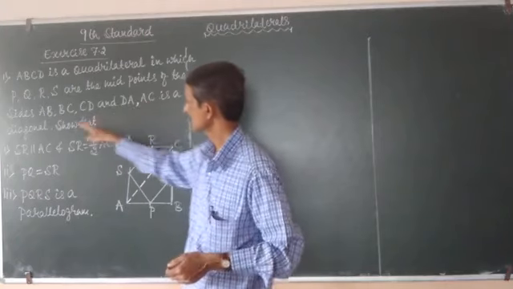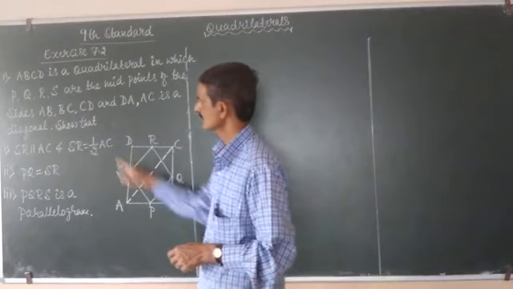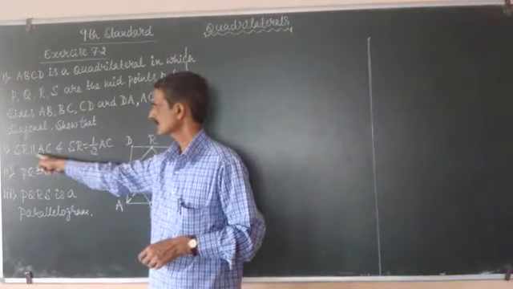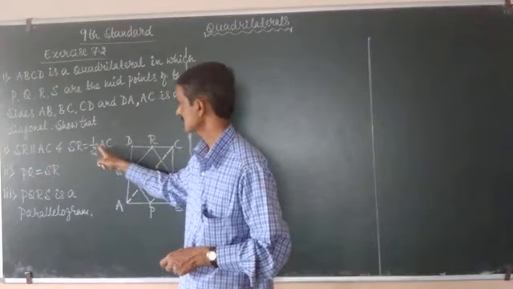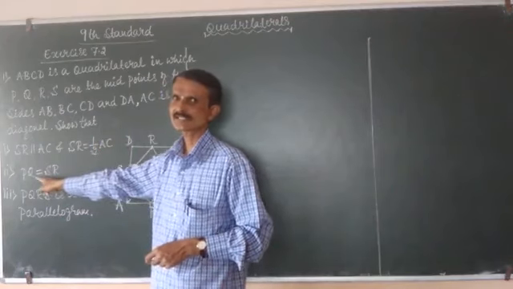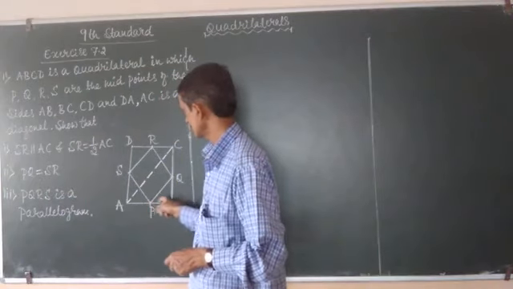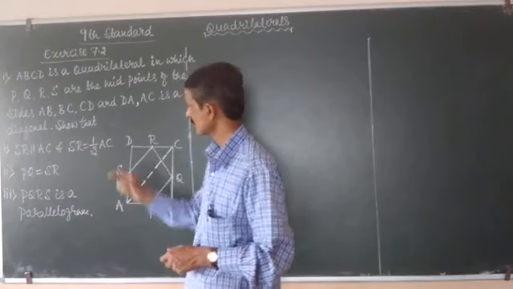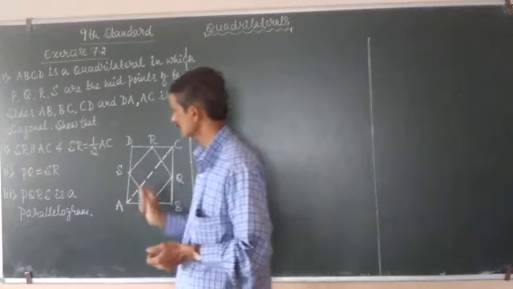AC is a diagonal. We have to show that SR is parallel to AC and SR is half of AC, second, that PQ is equal to SR, and third, that PQRS is a parallelogram.